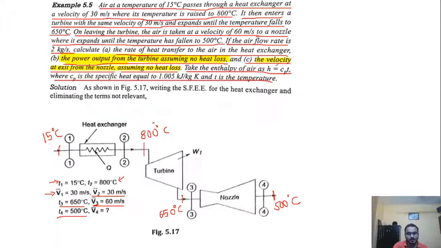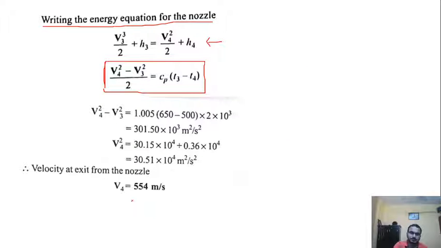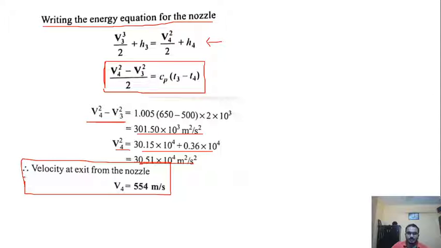How? Because if you see here, V3 is given as 60 meters per second. Based on that V3 we can obtain the value of V4, and once we take the square root of this equation, we can get the velocity at the exit of the nozzle, that is 554 meters per second. So you can see that the velocity at the exit of the nozzle is quite high.